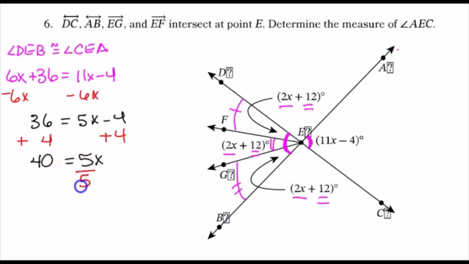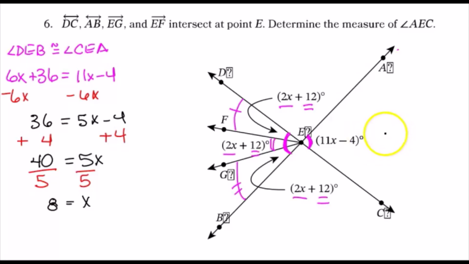When I divide, and yes, you always want to show your work, even though you might go, oh, 8 times 5 is 40, x equals 8, you still should show that you're dividing by 5. So x equals 8, and then I want to check my work, don't I?